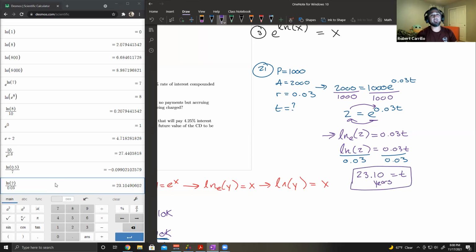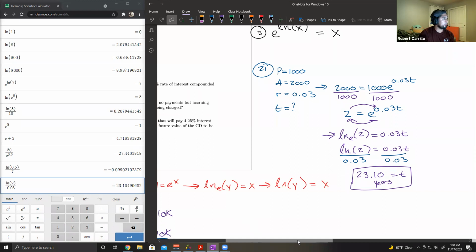So for our money to double from 1,000 to 2,000 at 3% interest, it's going to take 23.10 years. Okay. Everyone good with that? Yes. All right.